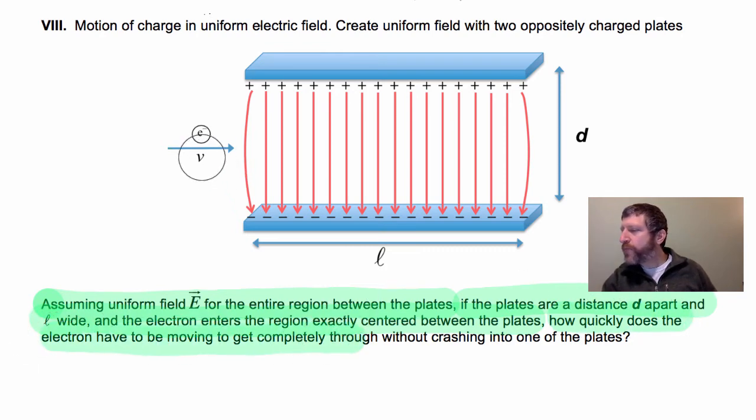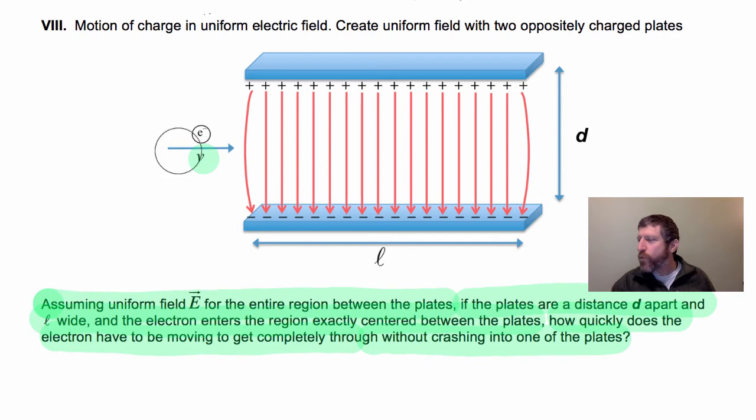In other words, what's v such that it can get all the way through without crashing into one of the plates? So this is a rudimentary velocity selector. It's only going to let certain speeds v and above through, and we've got to solve for that v in terms of L, in terms of d, and in terms of the electron charge. And also, we are going to need the electron mass, which I'm going to indicate as m of the electron, me.